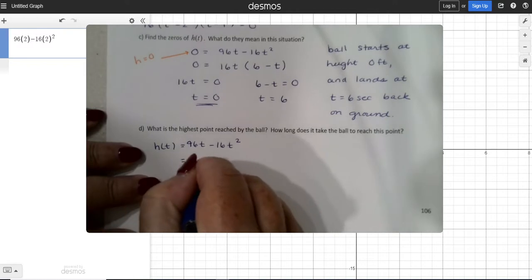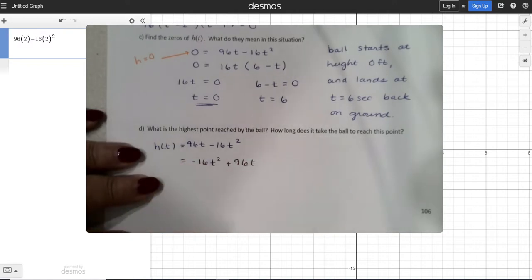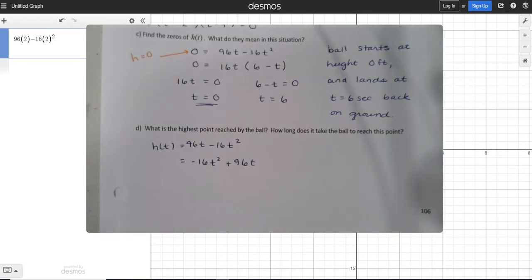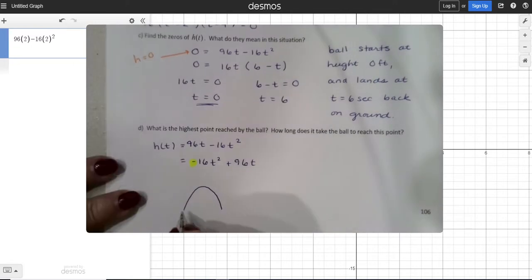And if I wrote it in descending order, like we're typically used to seeing it, notice that I have a negative leading coefficient. So a parabola with a negative leading coefficient is going to be a parabola that opens downward, right?